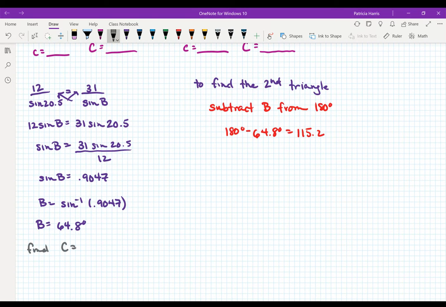So C for the first triangle will be 180 minus 64.8, 20.5. So let's see what that is. Okay, so for the first triangle that you find, it's 94.7.